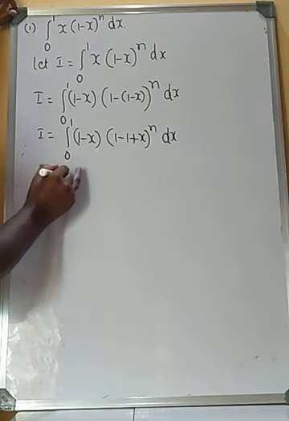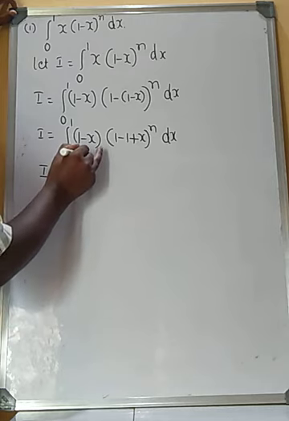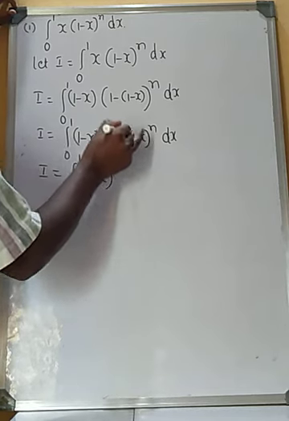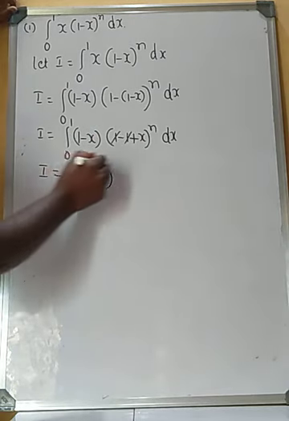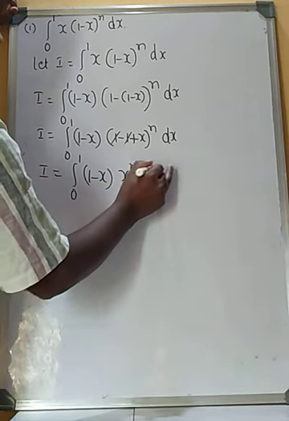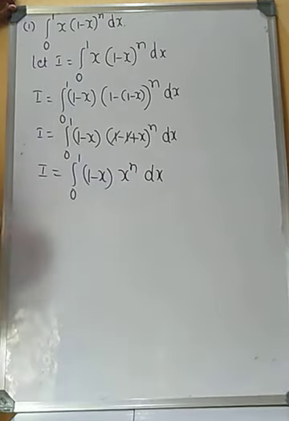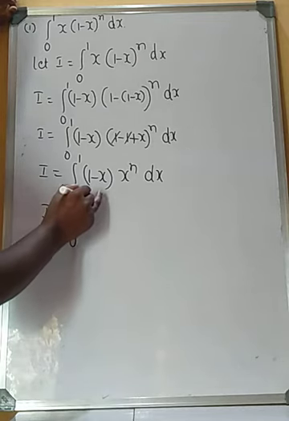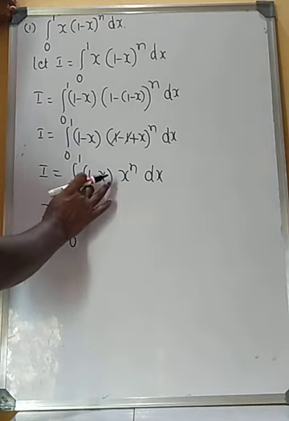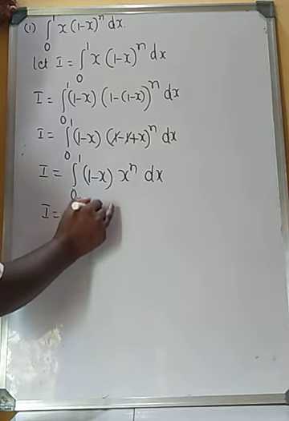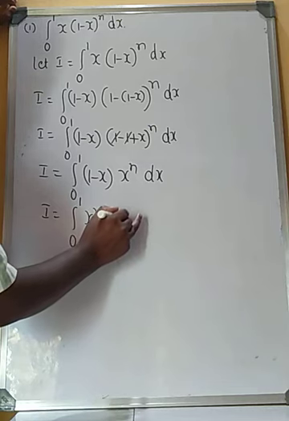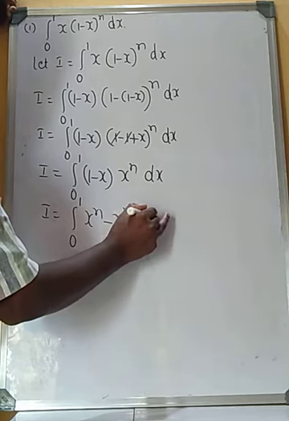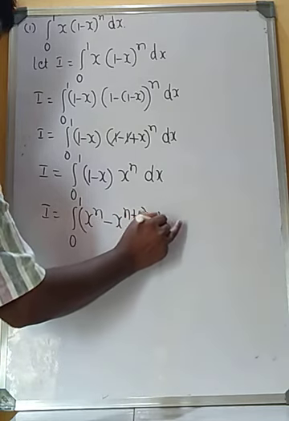The 1 minus 1 gets cancelled, so I equals integral 0 to 1 of (1 minus x) into x to the power of n, which is x to the power of n minus x to the power of n plus 1, into dx.